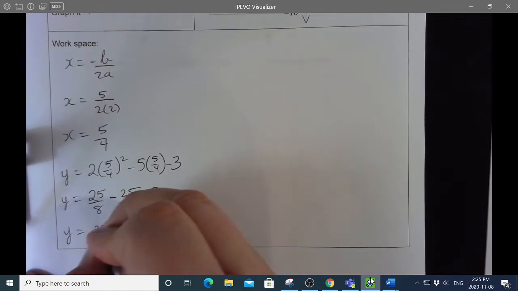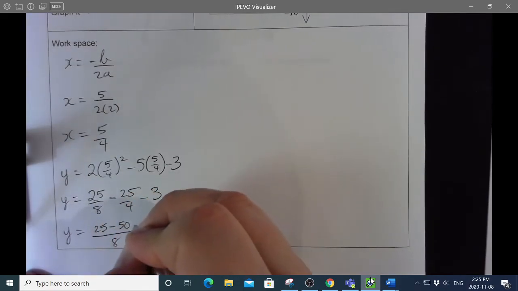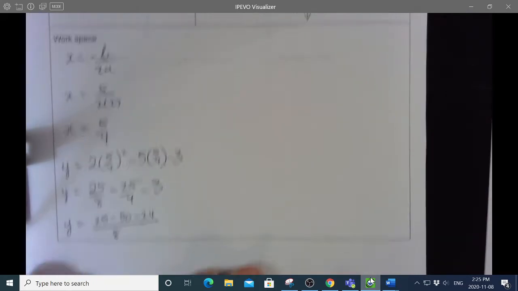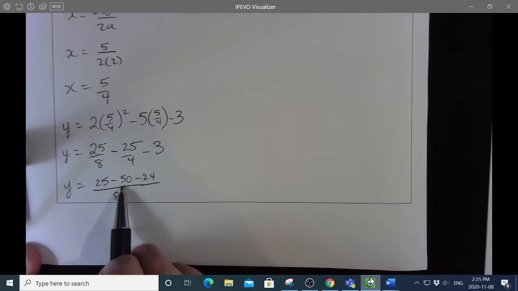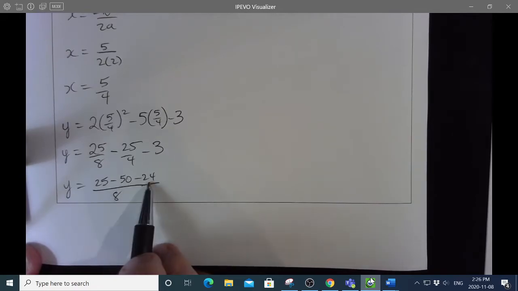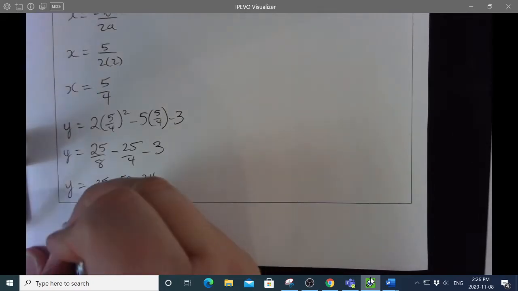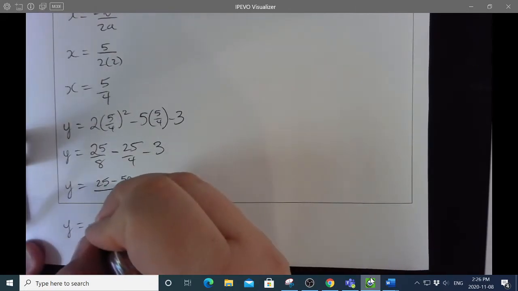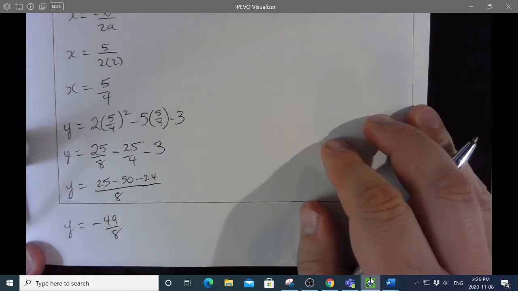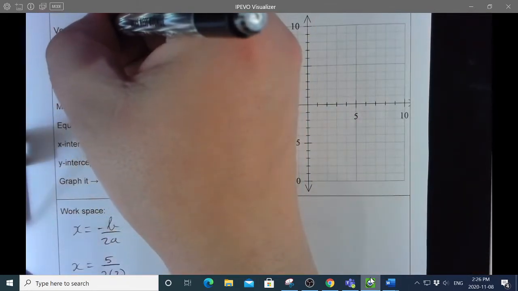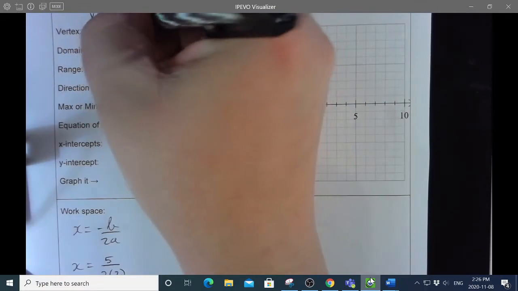So that's 25 minus 50 minus 24. With me so far? They didn't give me much room here. 25 minus 50 is negative 25. Negative 25 minus 24 is negative 49/8. Okay, so that would be my vertex. So my vertex is, going back to the top here, 5/4 for x and negative 49/8 for y.